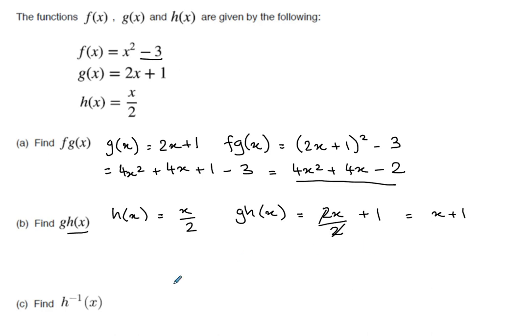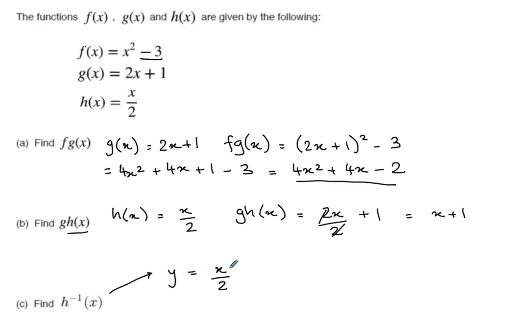Good. Here we need to do the inverse. Remember in part 3, or was it part 2, we did the inverse. So remember what we did? We just write y equals x over 2, and then we rearrange it to make x the subject.